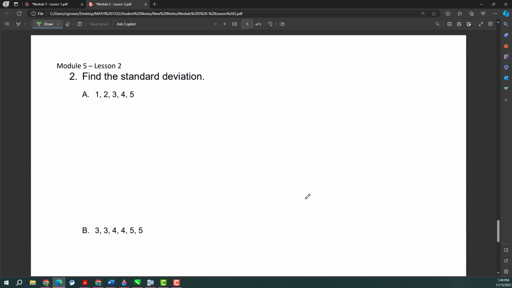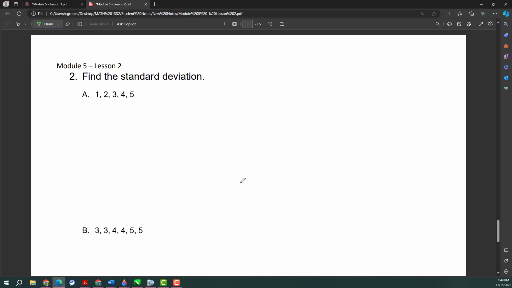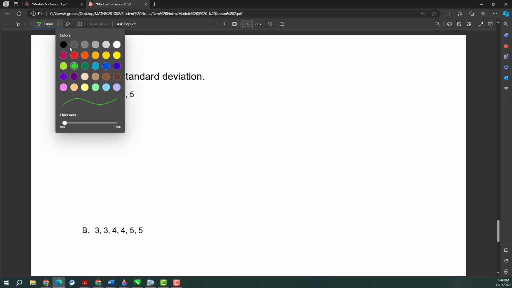The standard deviation is where we get into the more intricate steps. So I'm going to write down each of the steps as we go along on this first one, and then we have 3 different exercises for the standard deviation. So step 1, let me change our color. I'm going to do the dark blue.